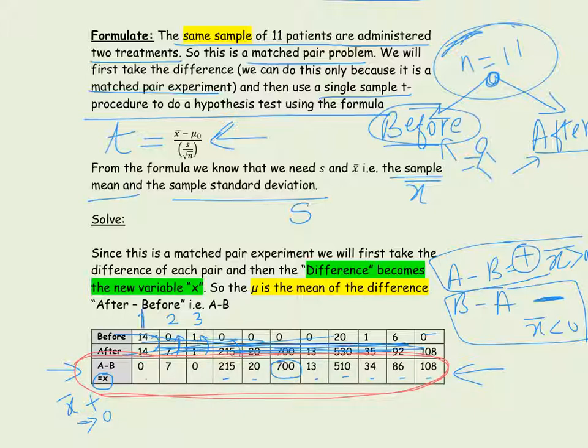So our new variable x is the difference between the after and before. I'm saying after first because I'm going after minus before. This part is very important to understand. It's only in a matched pair experiment can you take the difference because the numbers are coming from the same subject.